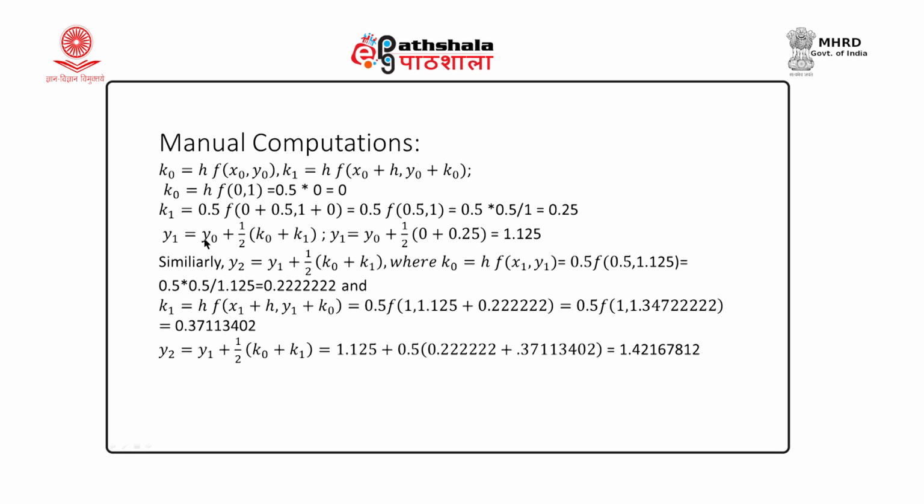So y1 is y0 plus half of k0 plus k1, that is 1 plus half of 0 plus 0.25, giving 1.125.